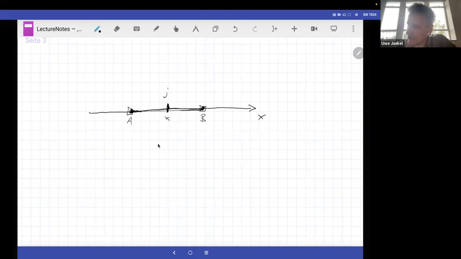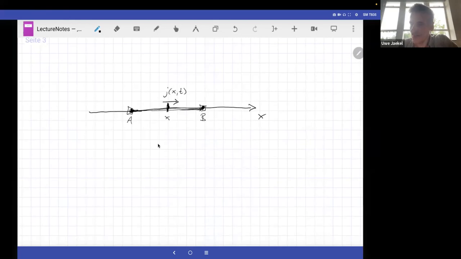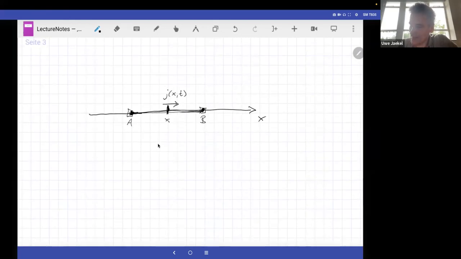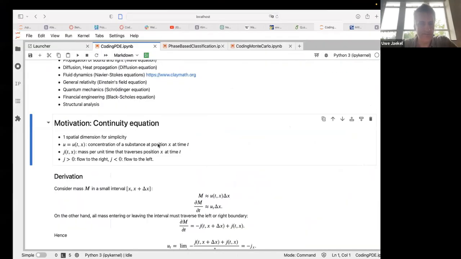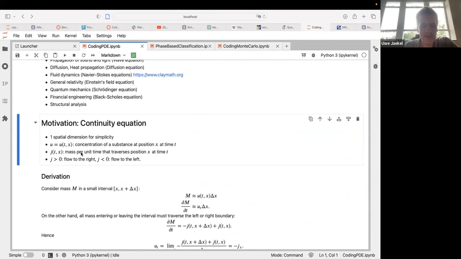We can assign a flow J of x,t that gives us the amount of matter that is transported, or the mass that is transported, or number of particles or mass that is transported over the point x at time t. So the mass per unit time that traverses the position x at time t.